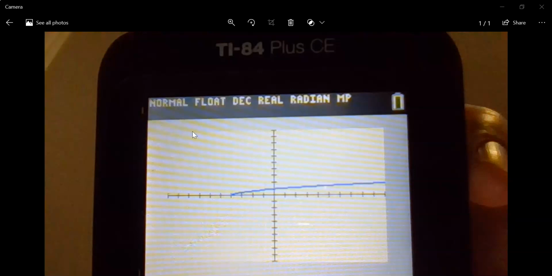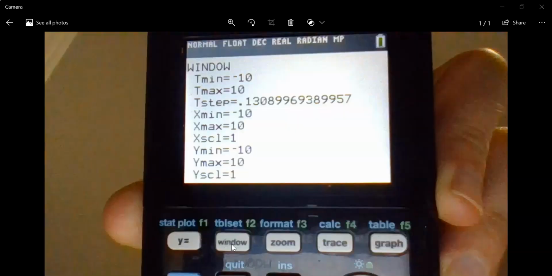A lot of times, especially with these parametric, the t minimum is set to 0 and the t maximum is 6.28. So if you just hit the window key, which is right next to the y equals, then you can adjust your t. Again, window button is right here.